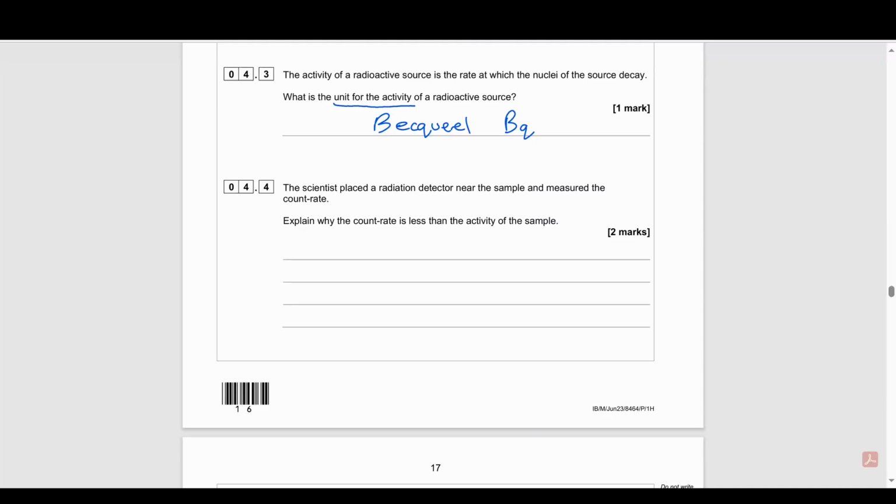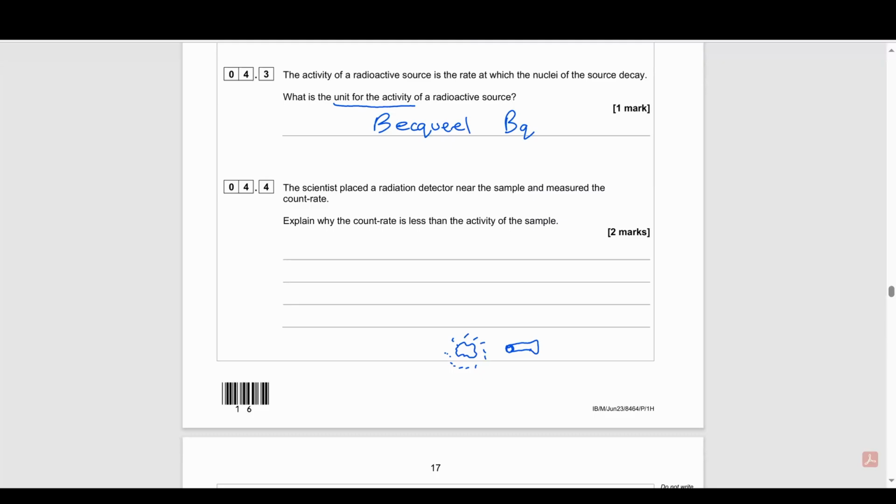Well, if we were to draw it, we'd have our sample, which you know is radioactive, and we've placed our detector next to the sample. The question is, why is the count rate going to be less than the activity of the sample?